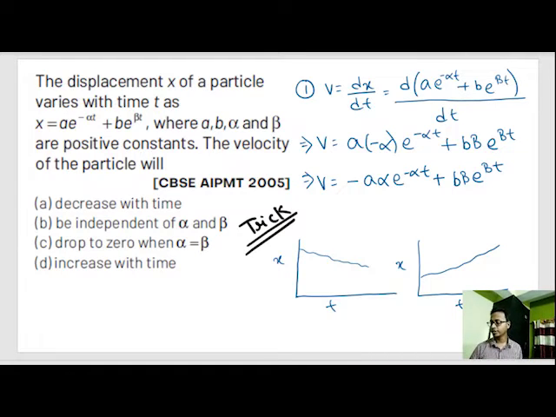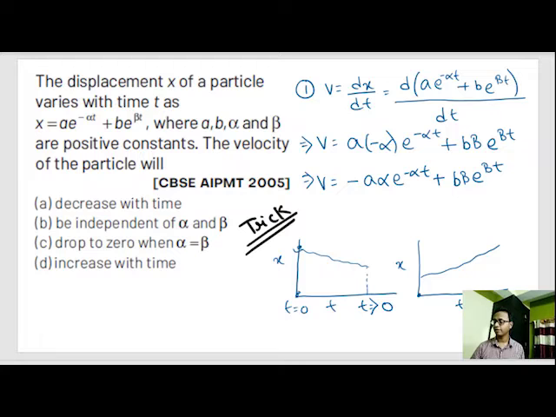What we do is take t equals 0 and find out the value of x. These two are different graphs of different functions. I'm telling you how to determine whether it increases or decreases with the parameter. First find the value of x at t equals 0. Next find the value at a higher t, suppose 10 or 20, something greater than 0.